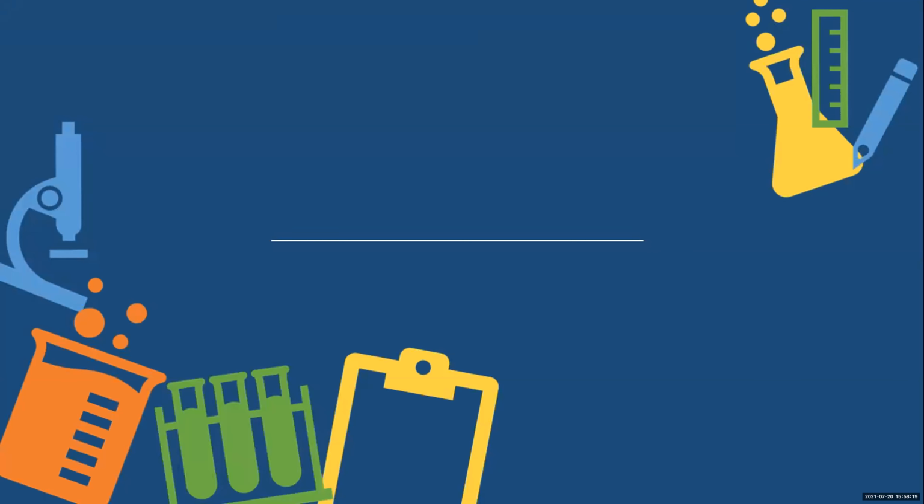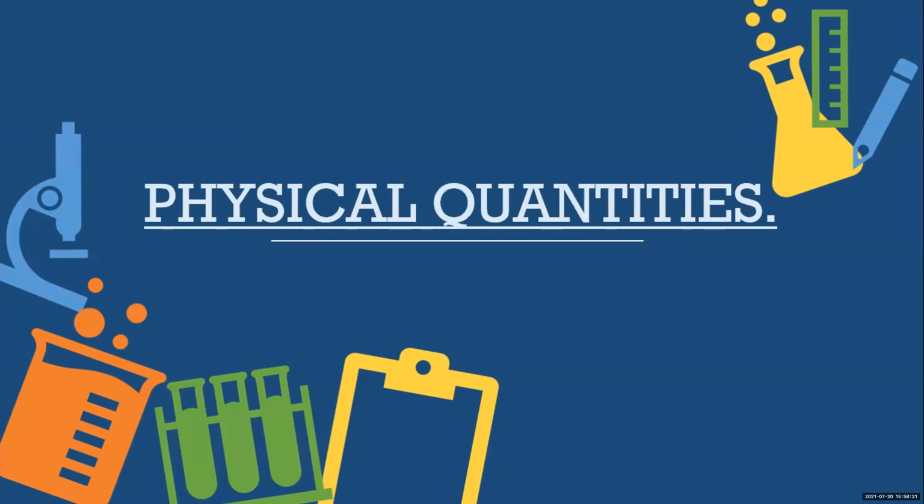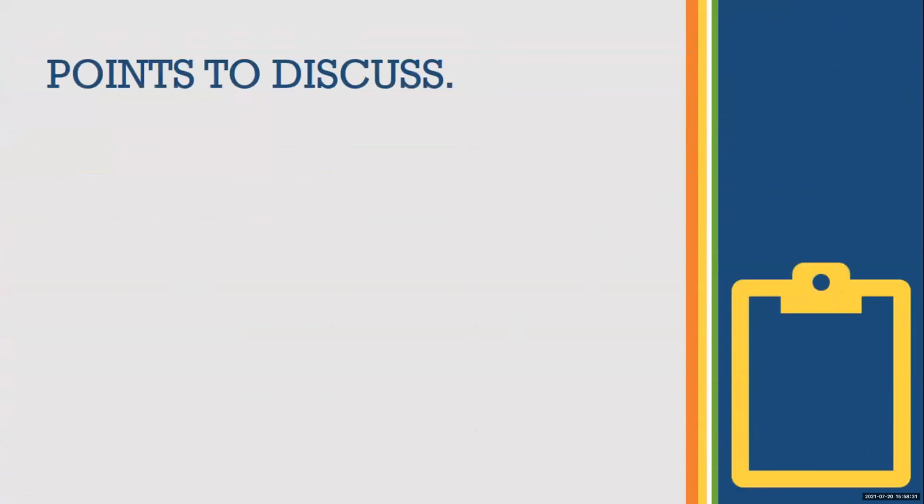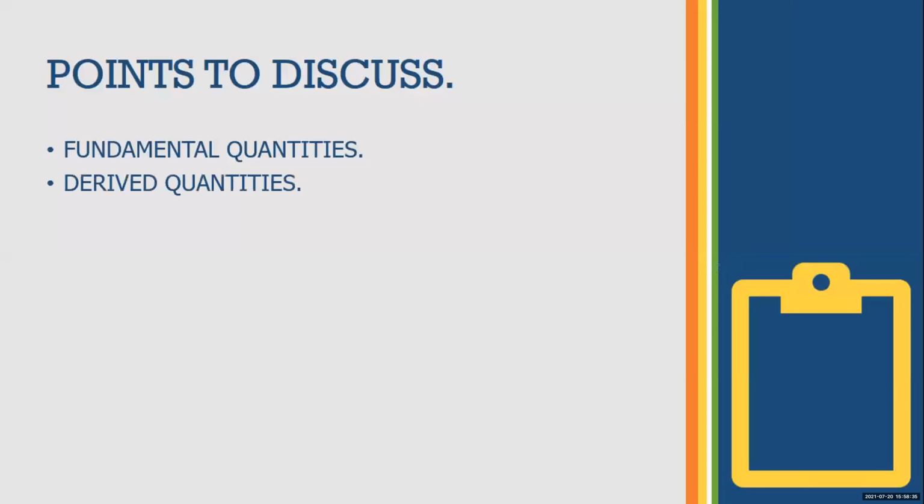Good afternoon to all. Today I am here to take the seminar on the topic physical quantities, from the chapter on units and measurements. We have to discuss what are fundamental quantities, derived quantities, fundamental units, and derived units.